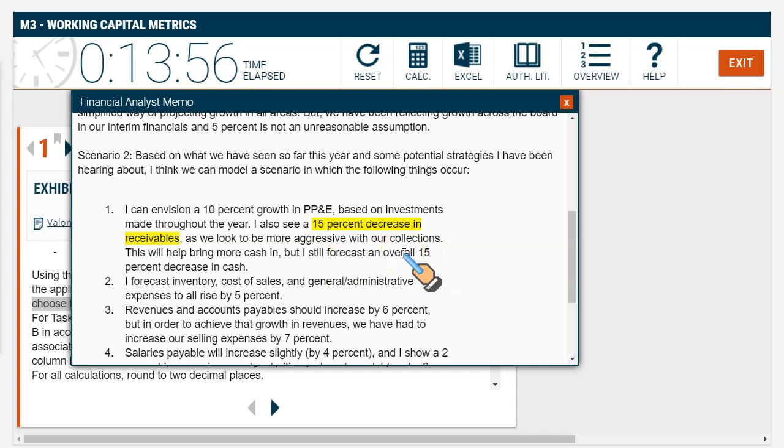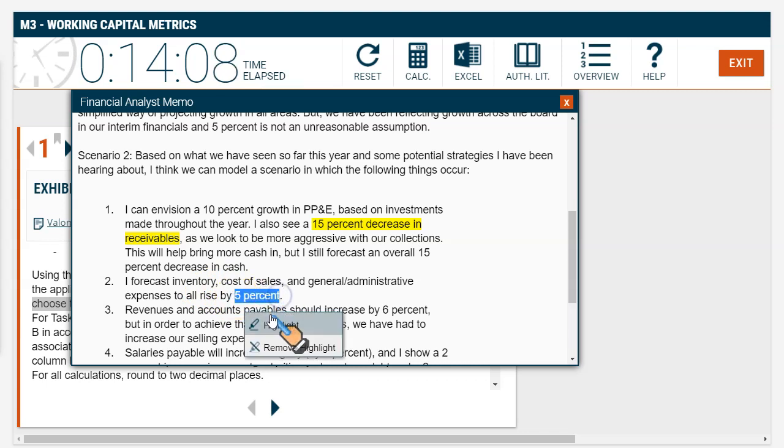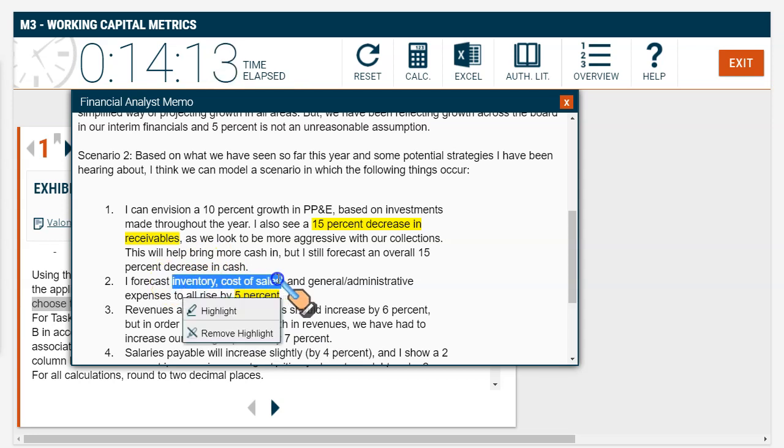Well, it doesn't have anything to do with our activity ratios. I forecast inventory, cost of sales, and general and admin expenses all to rise by 5%. So for this, my relevant part is only my cost of sales and inventory. That's what I need for my activity ratios. Revenue and accounts payable should increase by 6%.